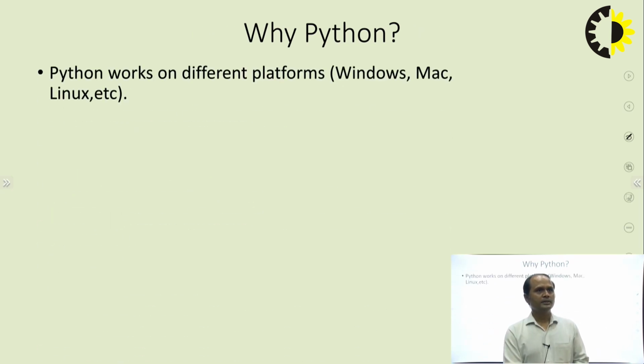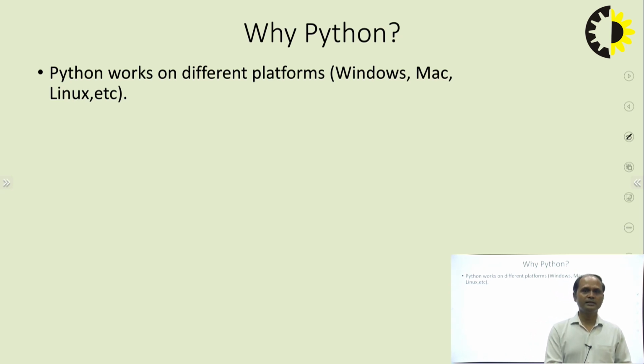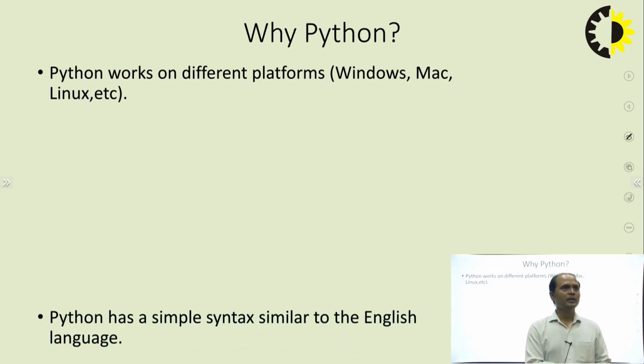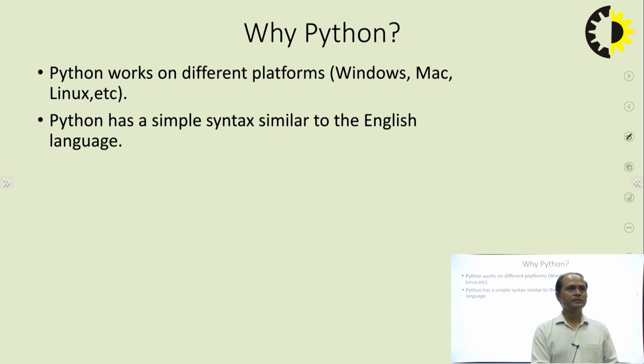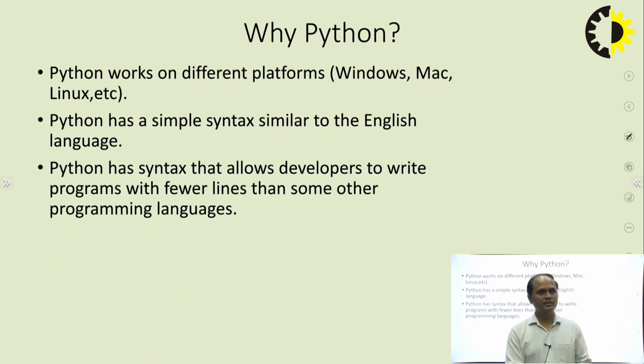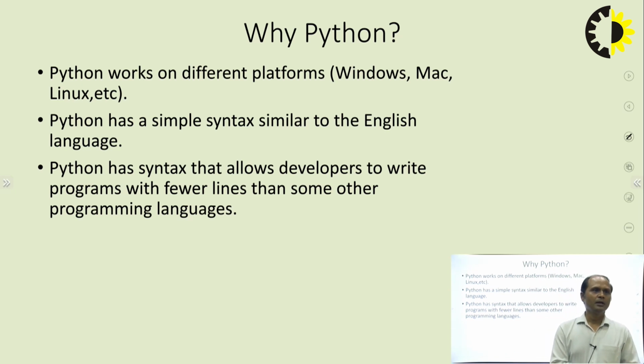Now we can discuss why Python is used in so many areas these days, because of its easiness, simplicity, and ease of coding. That's why we use this programming language.